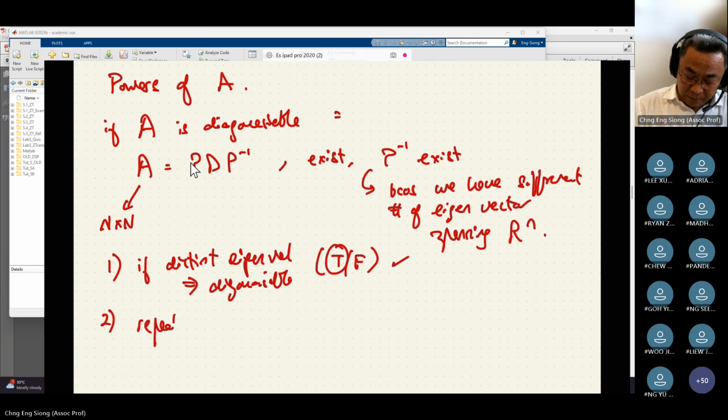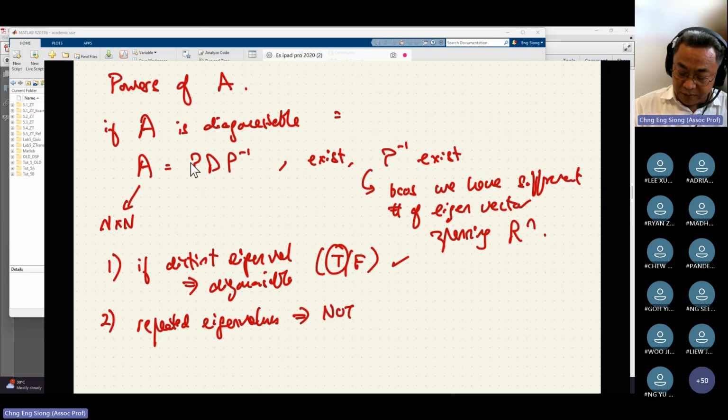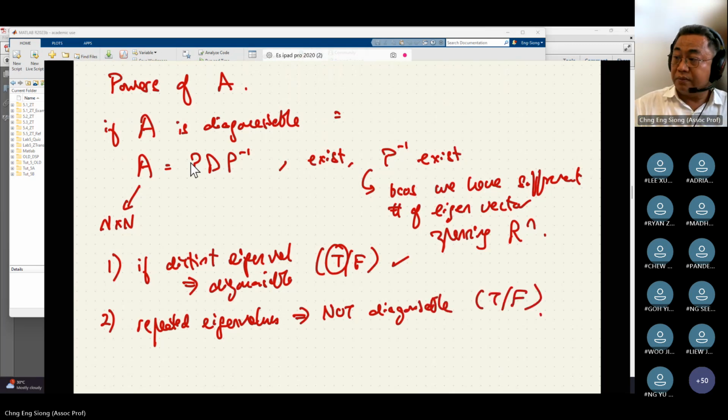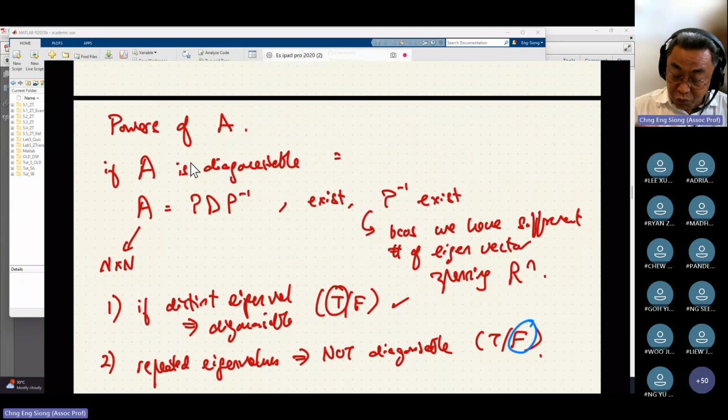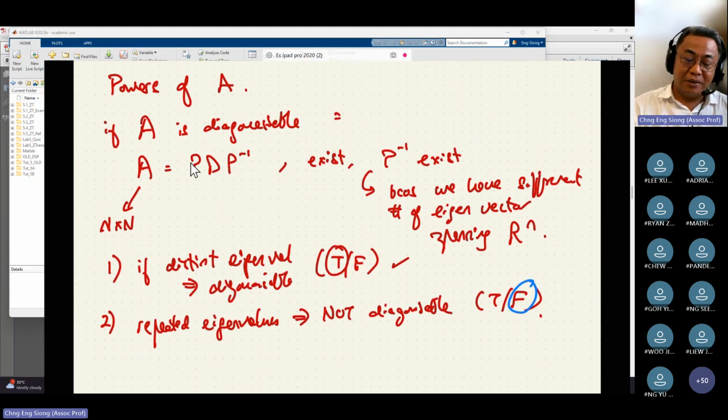Repeated eigenvalues imply not diagonalizable. True or false? Yes, it's false. Sometimes true, sometimes false. Not always true, not always false. So false. These are the types of quiz questions you will have.